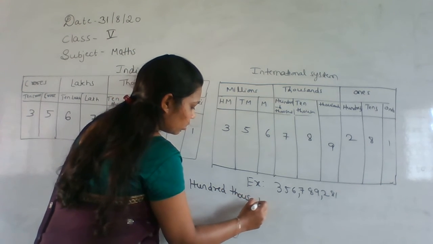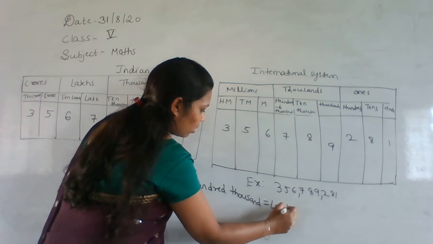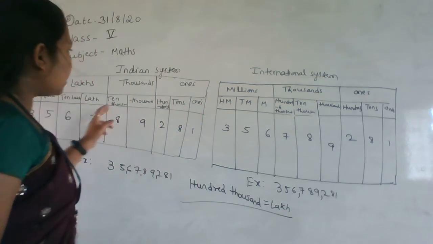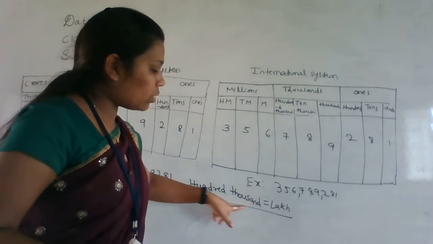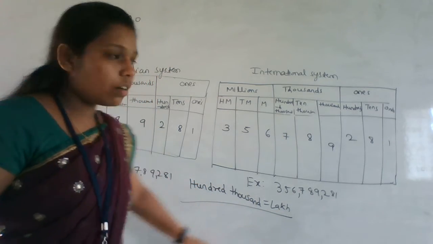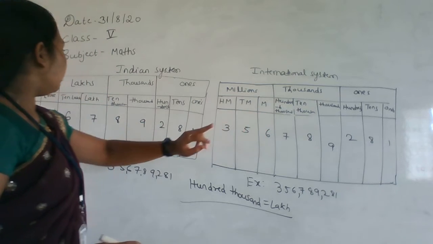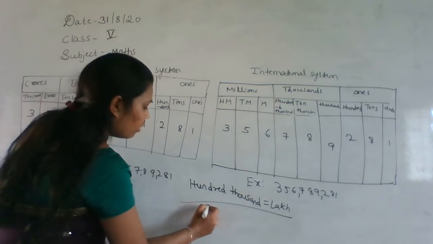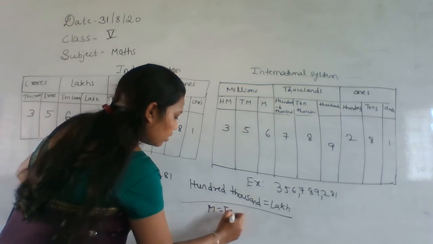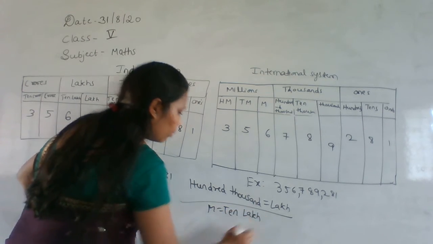In the Indian system, we call 100,000 a lakh. Okay, next here a million is there. Million means 10 lakh in the Indian system of enumeration.